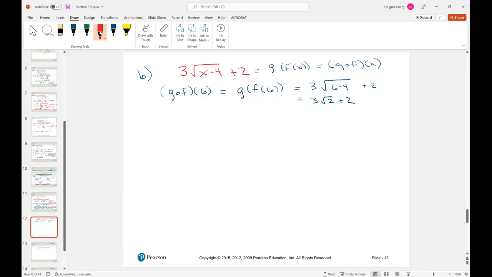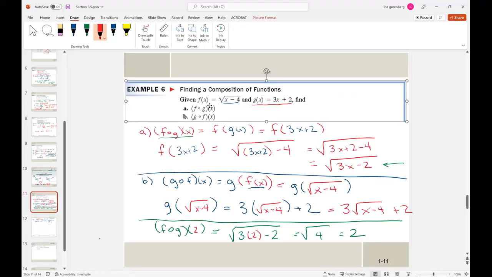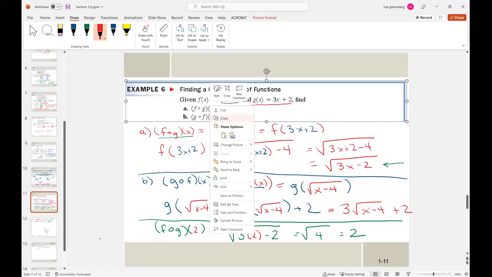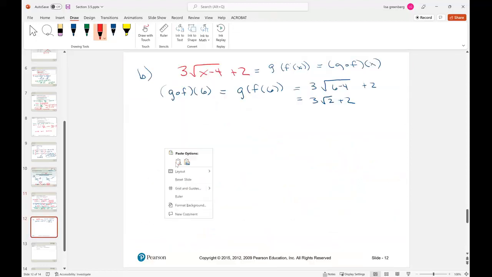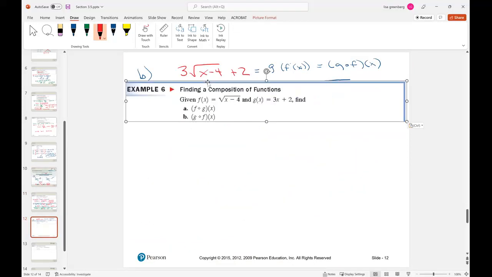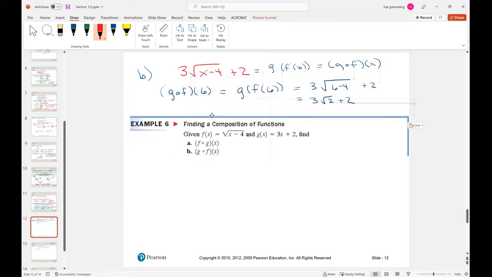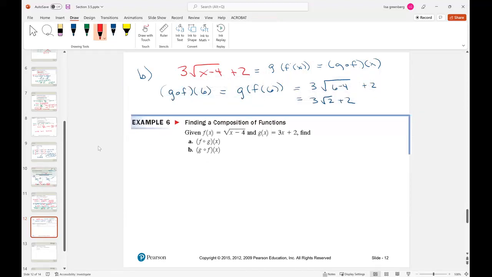Now, what might be an easier way to do this problem if you are given a value? Like if you're given a value and you're asked, what is f composed with g of, let's say 3?